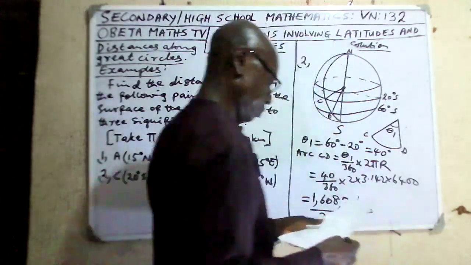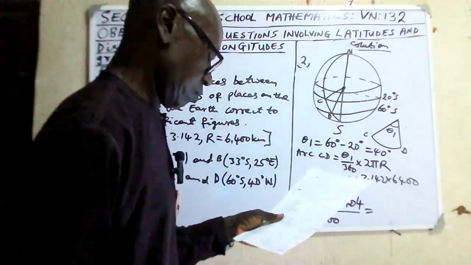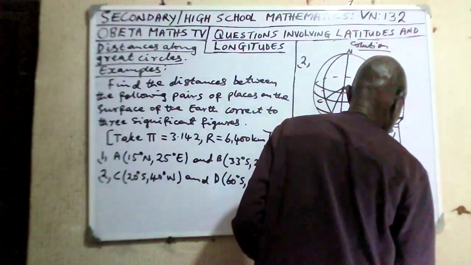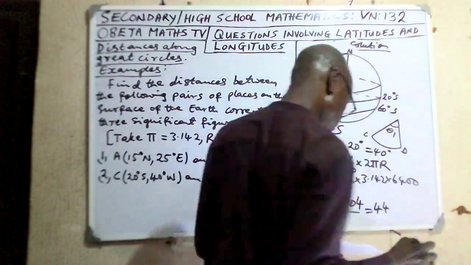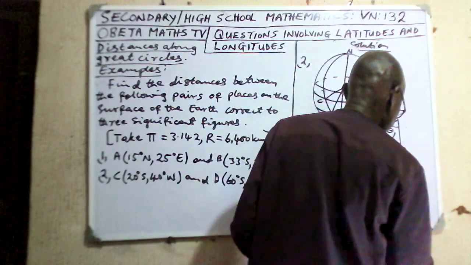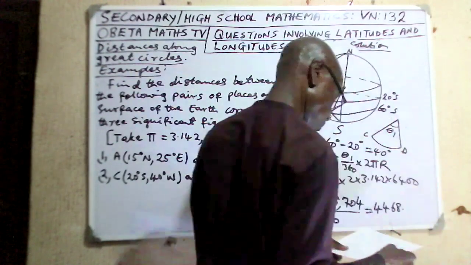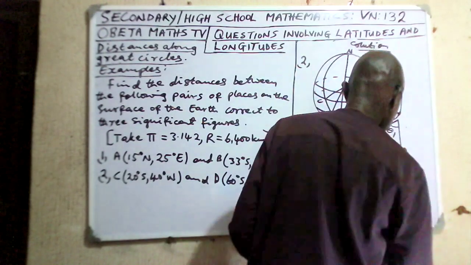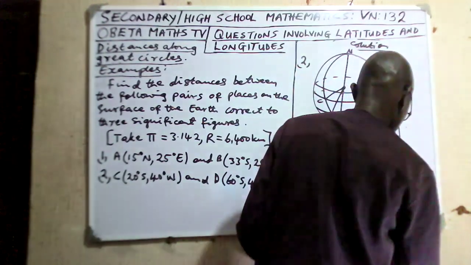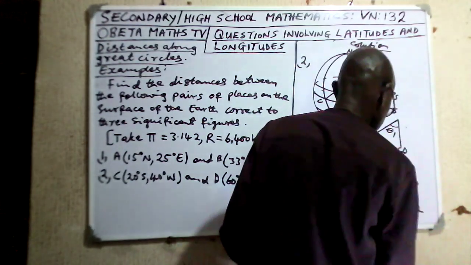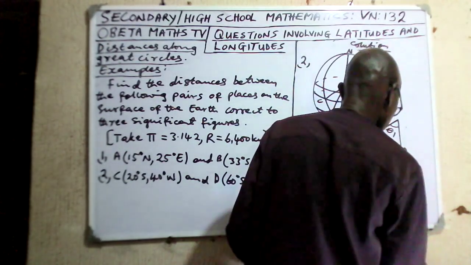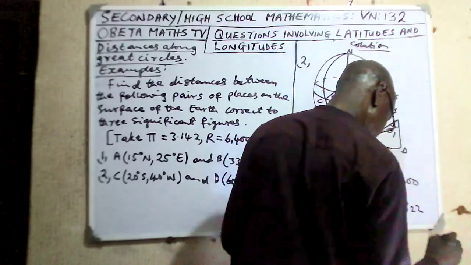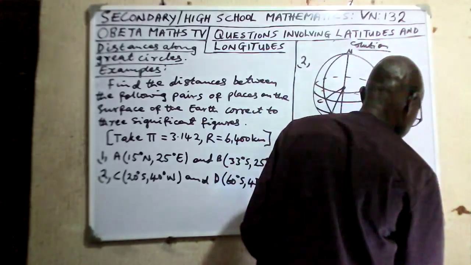And that will give us 4468.622, approximately equal to 4,470.